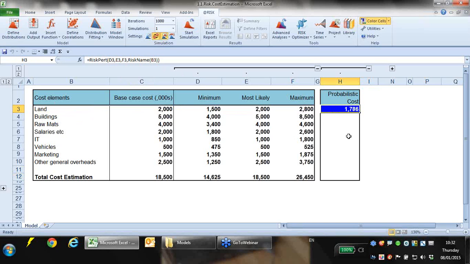In this cell I've got a distribution for land, and if I start tapping the F9 key gently, you can see that the value in that cell is changing. So rather than having one or three values for the cost of land, now I'm generating, or rather At-Risk is, a dynamic set of values from that probability distribution.